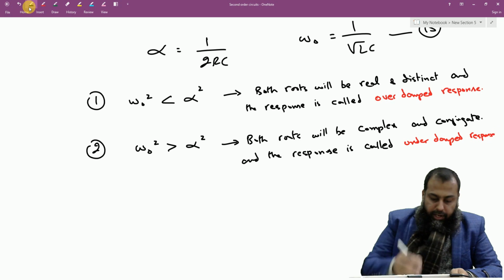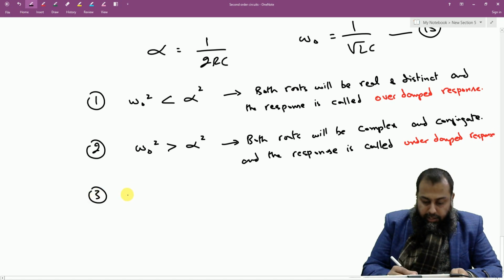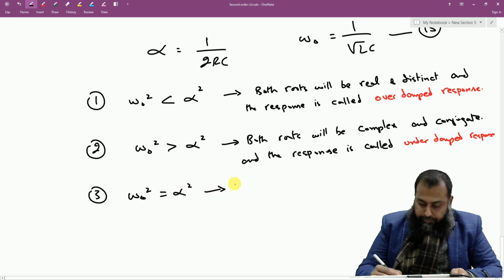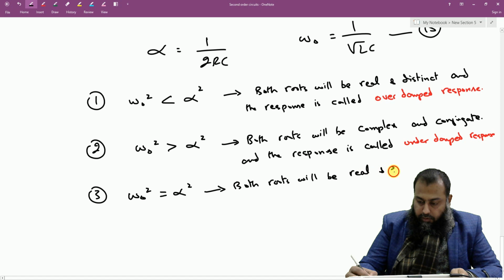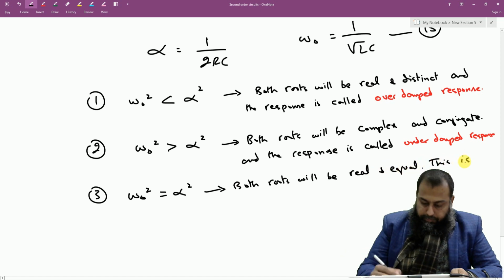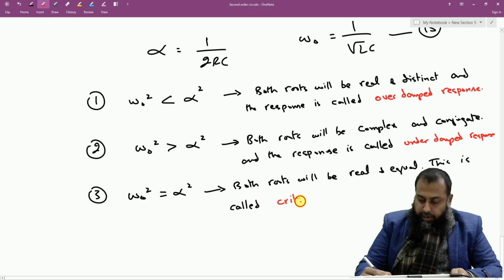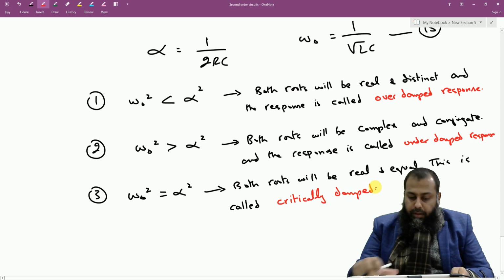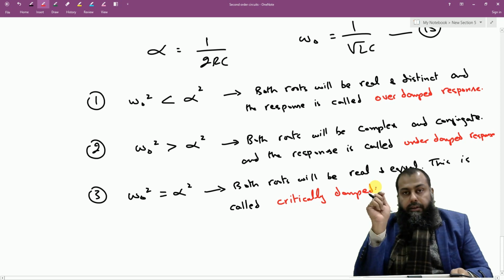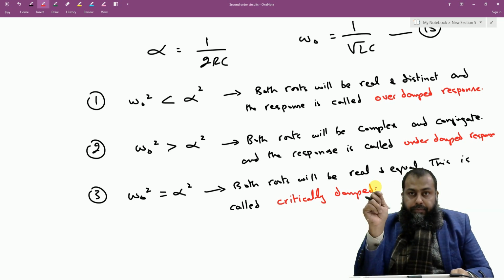The third possibility is that omega naught square is equal to alpha square. In this case, both roots will be real and of course equal. So this is called the critically damped response.